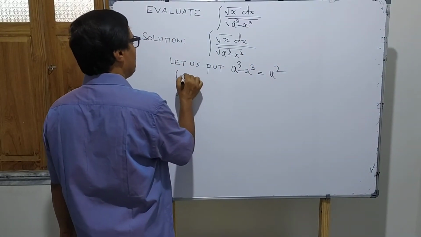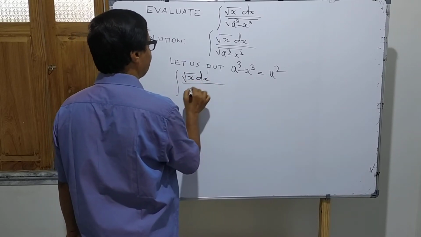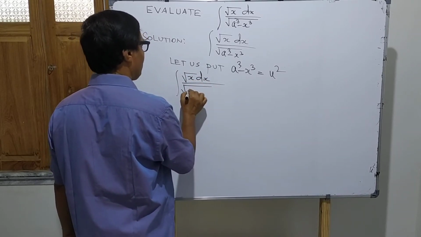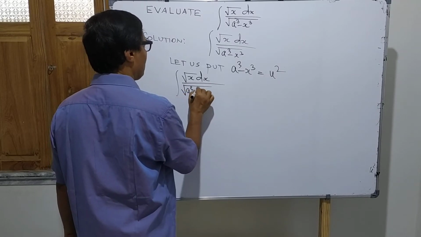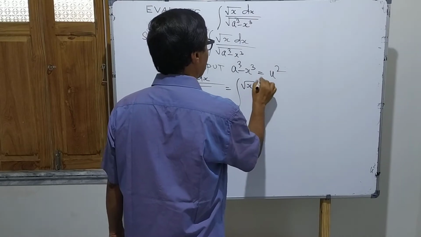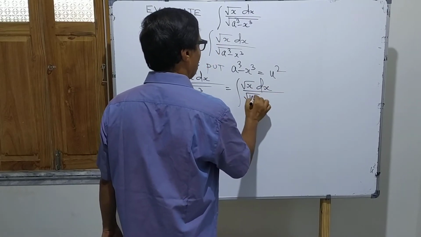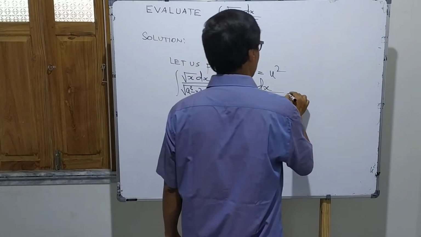So we get root x dx over root of u square.